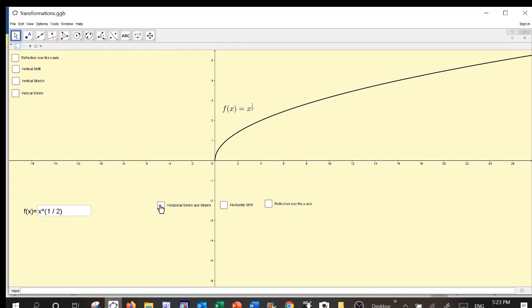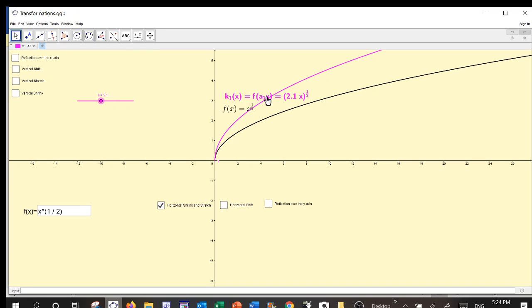And horizontal shrink and stretch, I do it in one step. So you see, if that number is 1, it doesn't change anything, right? See that? So if I multiply x by a number greater than 1, notice that we get a horizontal shrink.